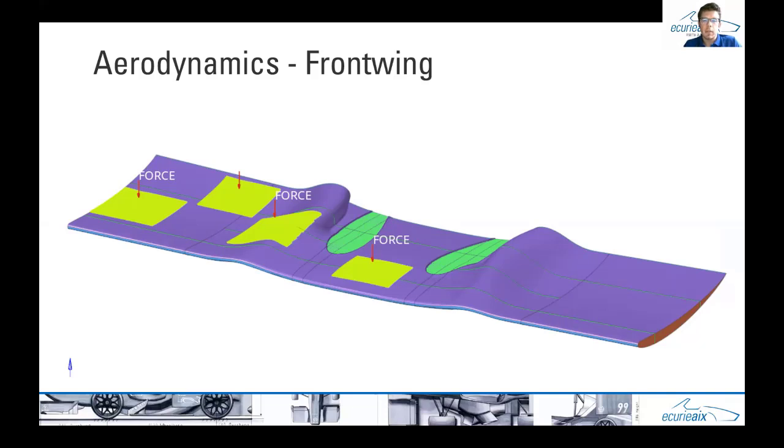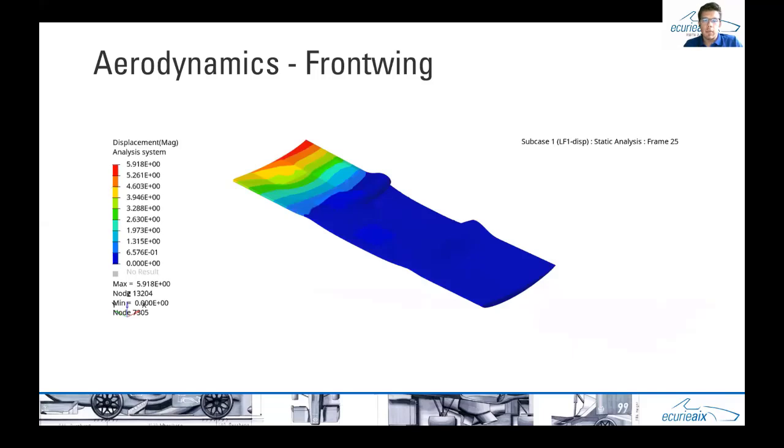So yeah, here you can see on the next slide the result from the simulation. It's a result from the force acting most outward. So there was the most displacement, obviously, because of the largest lever arm.